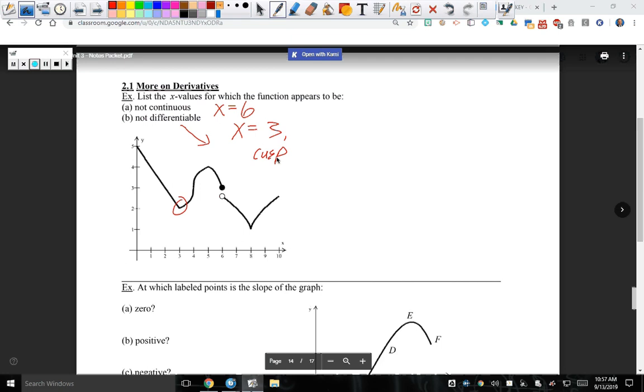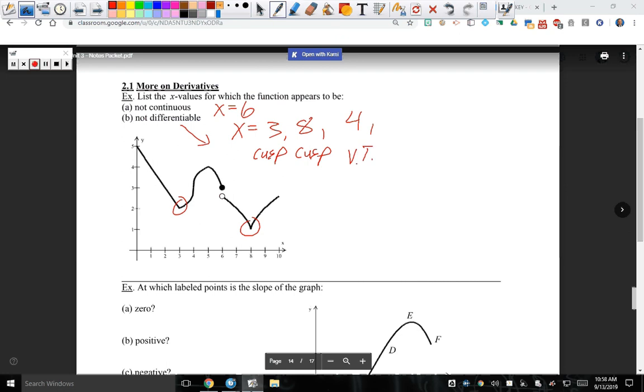What's another x value, Luke, that it's non-differentiable? 8. For the same reason. Let's go to Caitlin. What's another x value that you see that's not differentiable? 4. Nice. Because of? Vertical tangent. Yep, vertical tangent.